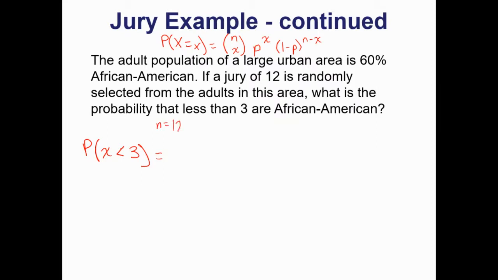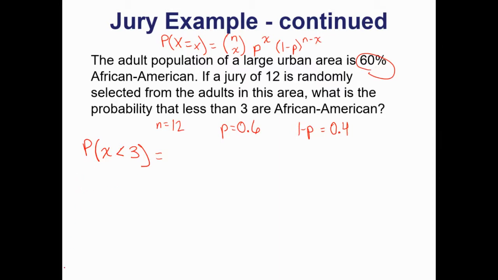What's our probability of success here, that we pick an African American? 0.6. That's where the 60% comes in. And just so we have it at the ready, what's our probability of failure? 0.4. Those are eventually going to be the values we use in our equation.